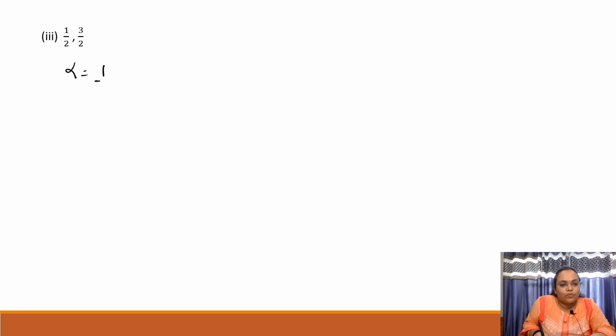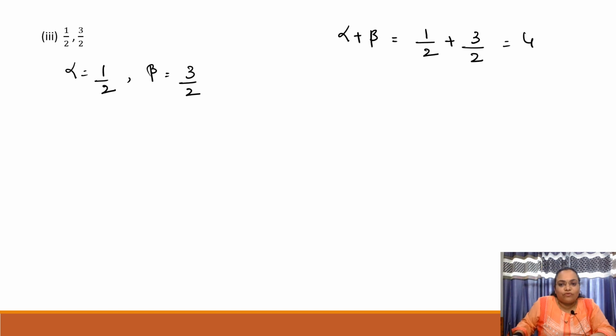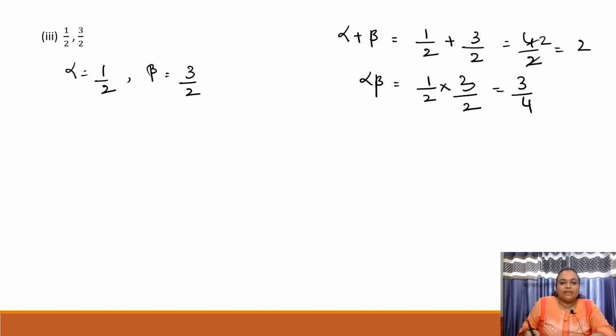Alpha is equals to 1 by 2 and beta is equals to 3 by 2. Now first let us do alpha plus beta, that is 1 by 2 plus 3 by 2, which is 4 by 2 is 2, right? Next alpha beta is 1 by 2 into 3 by 2, which is 3 by 4. Yes.